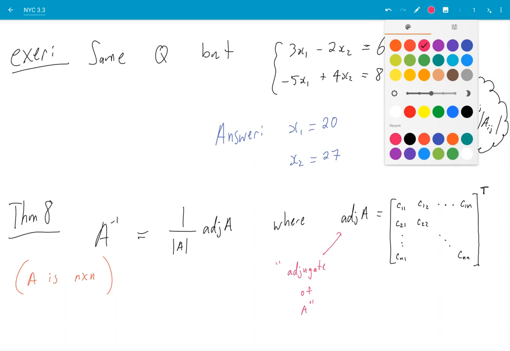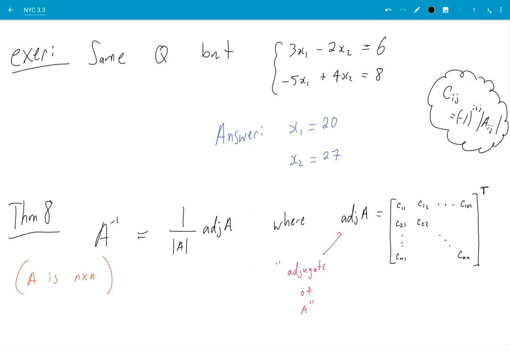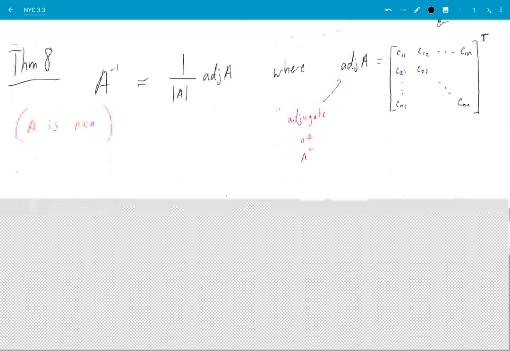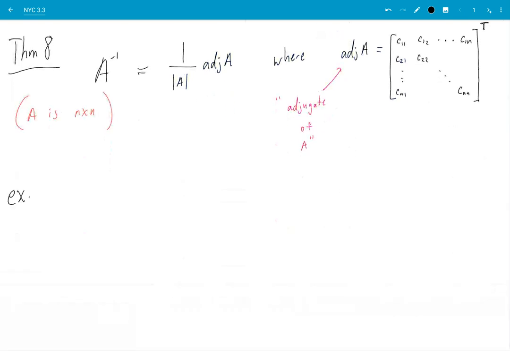Okay, let us try some examples to illuminate. So I'll invert this guy here: 0, minus 2, minus 1, 3, 0, 0, negative 1, 1, 1.